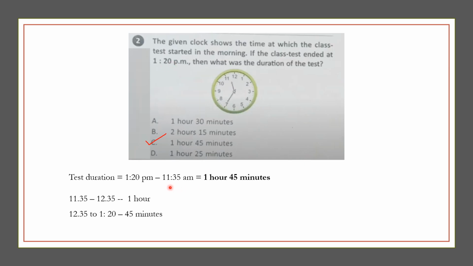So 11:35 to 12:35 is 1 hour, and then 12:35 to 1 is 25 minutes and another 20 minutes, so it will be 45 minutes. So 1 hour 45 minutes is our answer, which is option C.